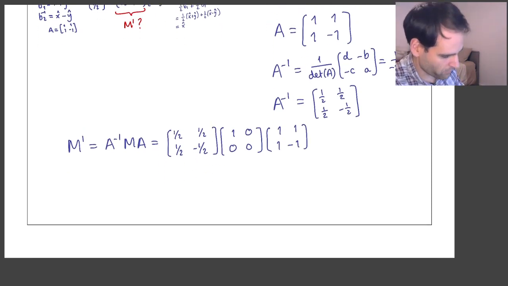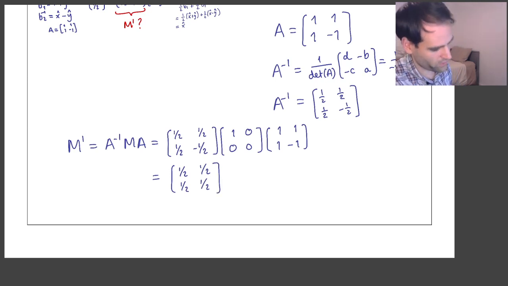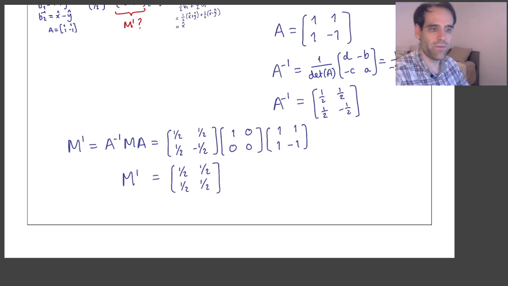So doing this product of matrices, we arrive at 1/2, 1/2, 1/2, 1/2, which is equal to M prime. Okay, so we have changed the basis of this matrix.